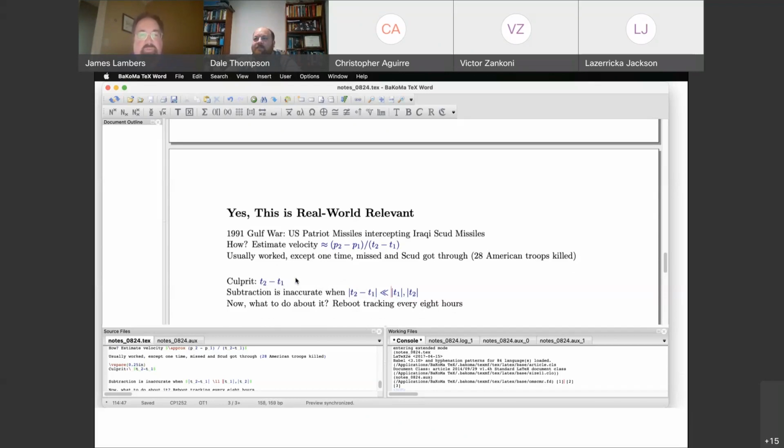And yes, when counting, for instance, 8 hours in terms of seconds, there would be some error involved in subtraction, but they found that by limiting the size of the numbers to this, it would be an acceptable bound on how much error would be incurred by the subtraction. And therefore, they could be assured of a successful interception. And that turned out to be correct, that there was no other incident like this for the rest of the war.